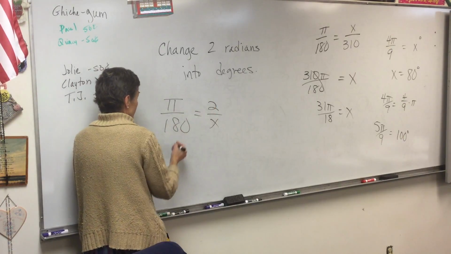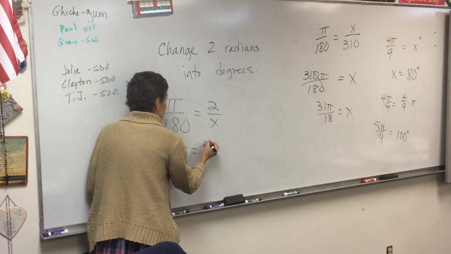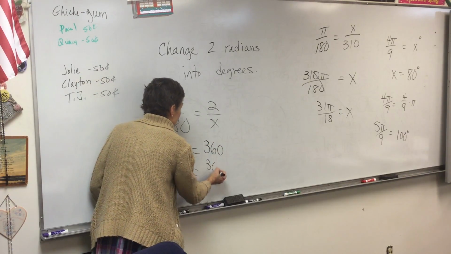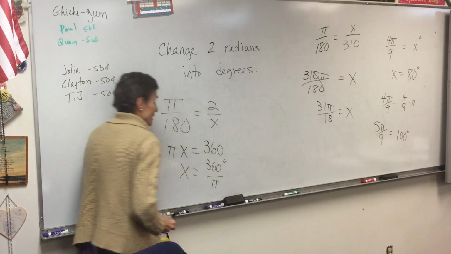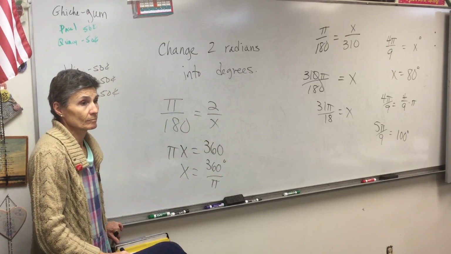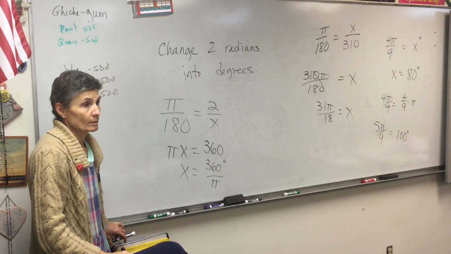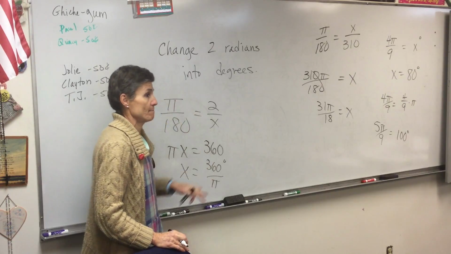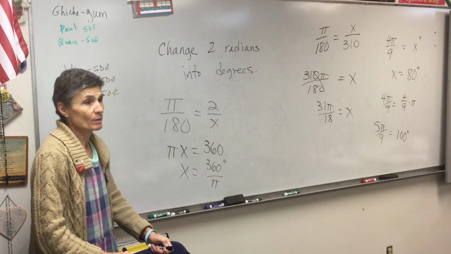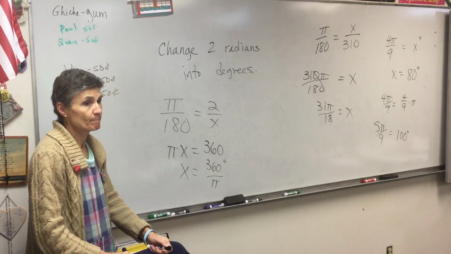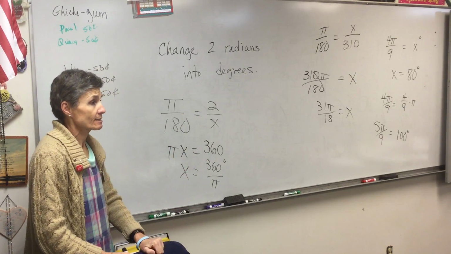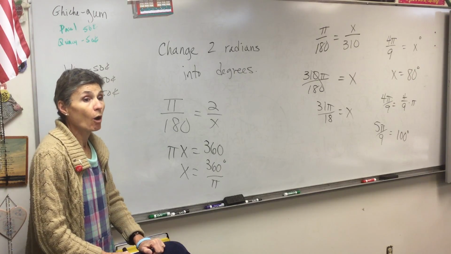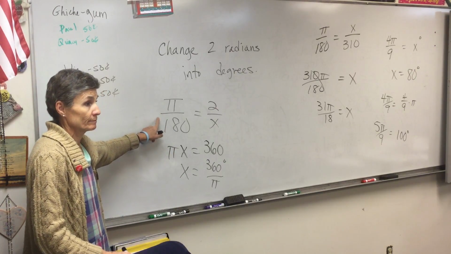Now when I cross multiply, pi x equals 360, and x is 360 divided by pi degrees. You can use this proportion every time to change degrees into radians and radians into degrees. It'll work every time. The shortcut is nice because it goes faster, but you never have to use a shortcut. You can always use this proportion.